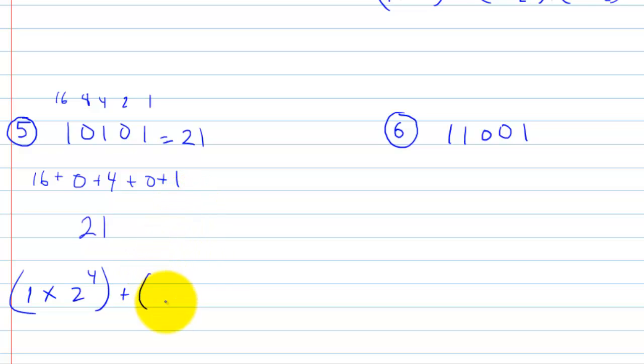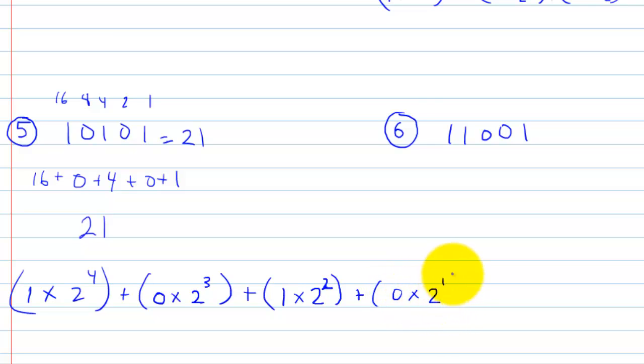times 2 cubed, which represents this value right here. The next one is plus 1 times 2 squared, plus, and then this one's a 0, so 0 times 2 to the first power plus 1 times 2 to the 0 power.